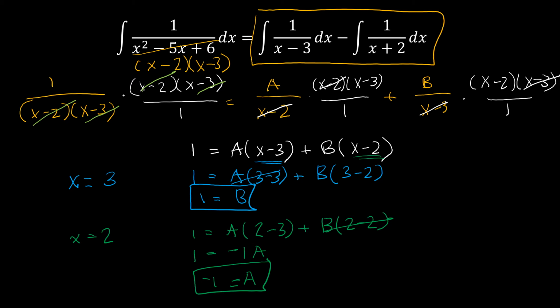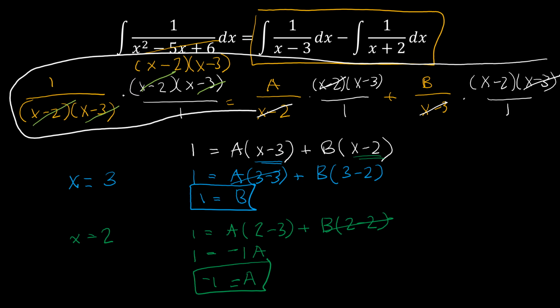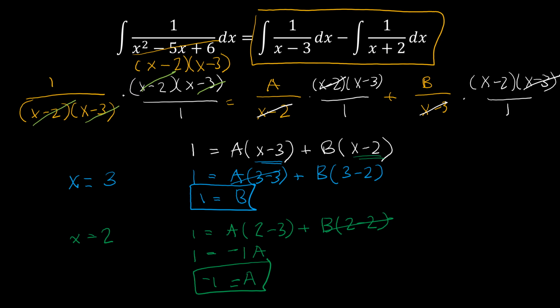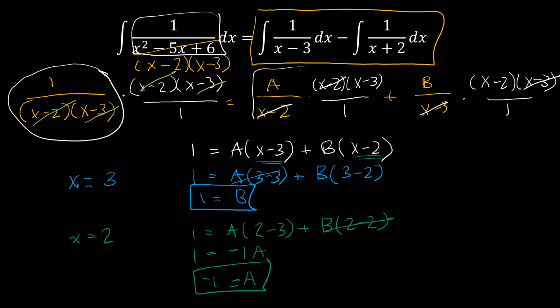So now that you have solved for a and b, that is when we can go back and rewrite our expression using those two values. So if I go back to this step, I know I've got kind of a mess going on, but I have that this expression, which is what I have on the left side, is equal to a over x minus 2 plus b over x minus 3.